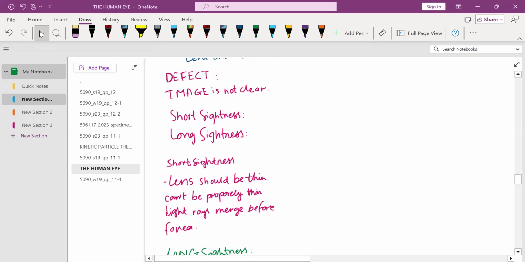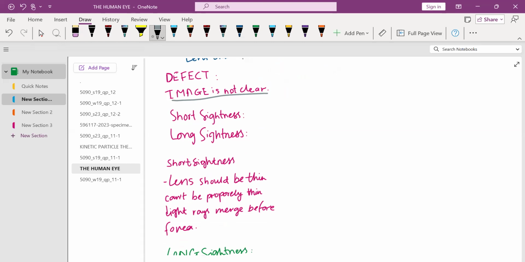Now the defects. Defect means that the image is not clear. Short-sightedness and long-sightedness: you need to remember these two terms and what happens in each.